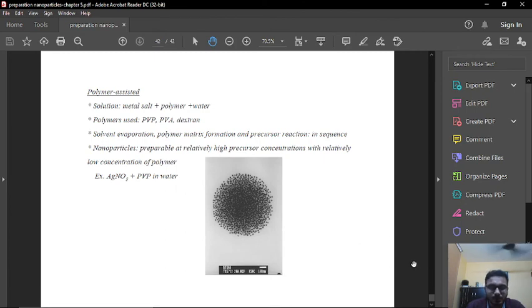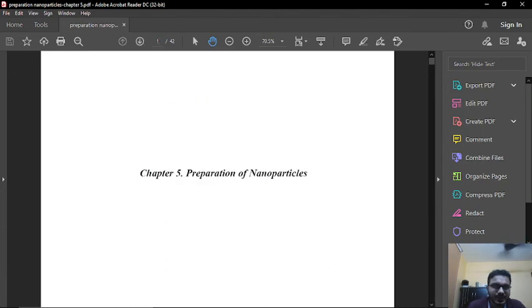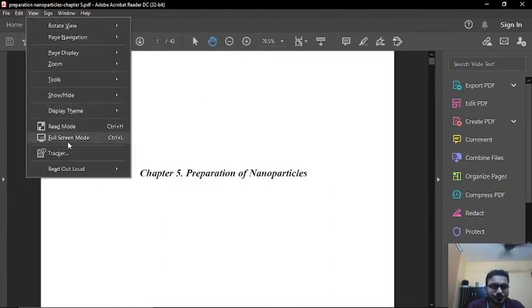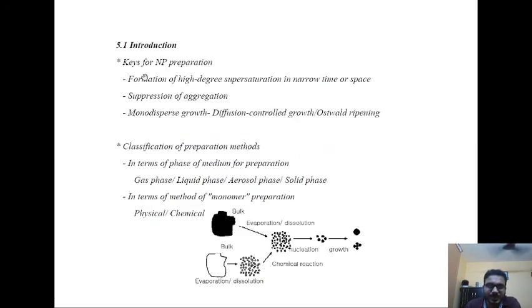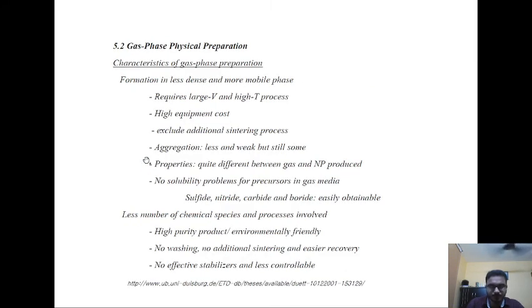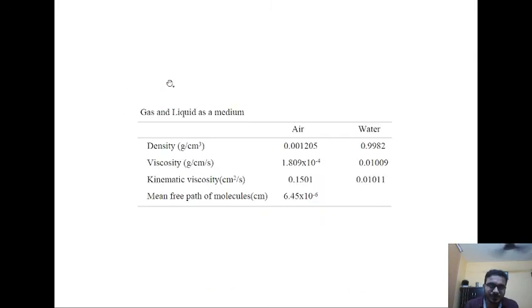Now we will do a quick revision of today's topics as well as of previous lectures' topics. We started with the introduction part, that is key points for nanoparticle preparation, then classification of preparation methods, then we studied the gas phase physical preparations. There are a few characteristics of gas phase preparation that we discussed.